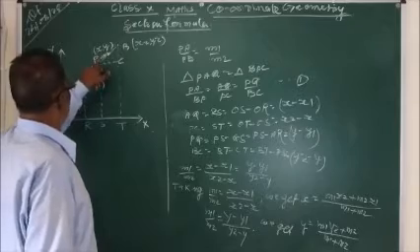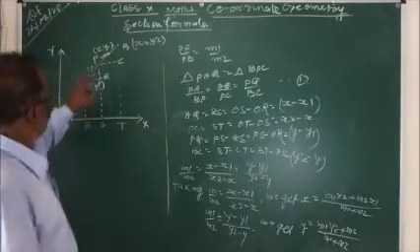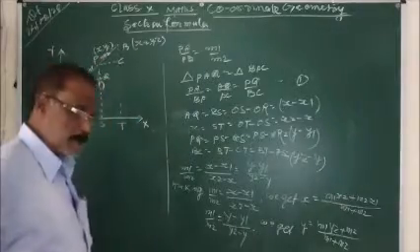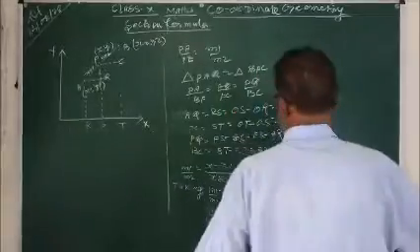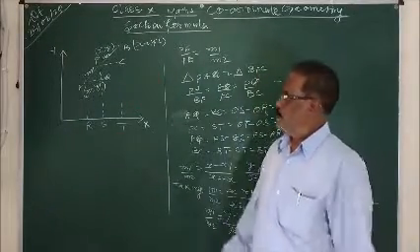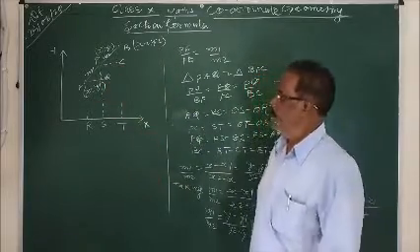Now this point P, whose coordinates are x and y, you have to find the coordinates of the point which divides this line segment AB whose end point coordinates are x1 y1 and x2 y2.